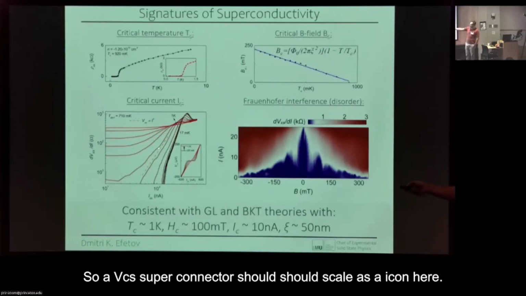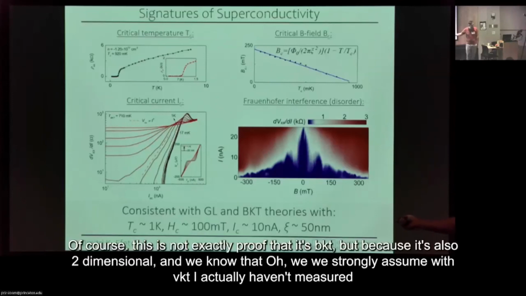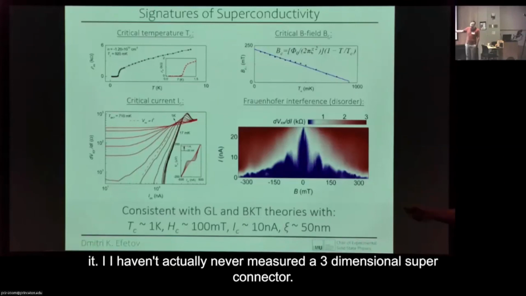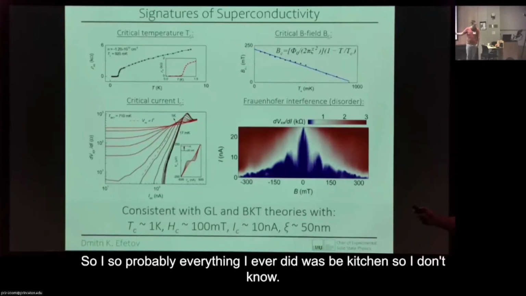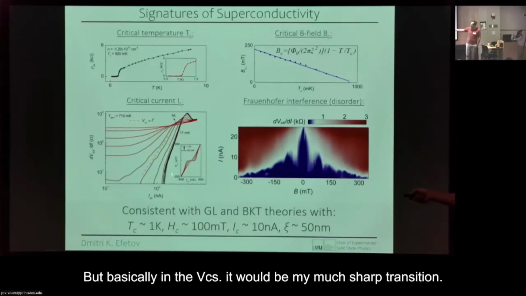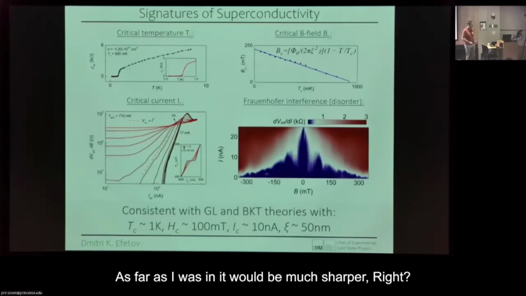Of course, this is not exactly proof that it's BKT, but because it's also two-dimensional and we know that, we strongly assume it's BKT. I have actually never measured a three-dimensional superconductor, so probably everything I ever did was BKT. But in the BCS case, it would be a much sharper transition as far as I understand.